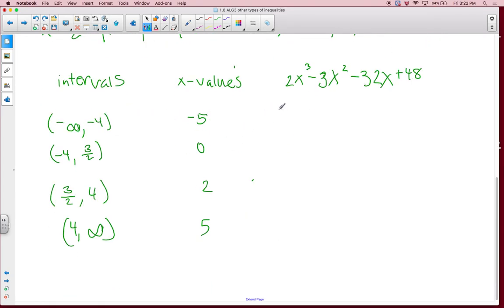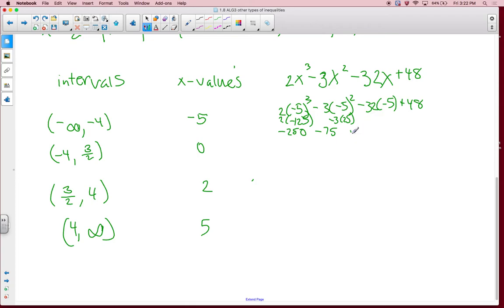We got 2 times negative 5 cubed minus 3 times negative 5 squared minus 32 times negative 5 plus 48. So negative 5 cubed is negative 125. That's going to be a negative 250. This is a negative 3 times 25, which is a negative 75.